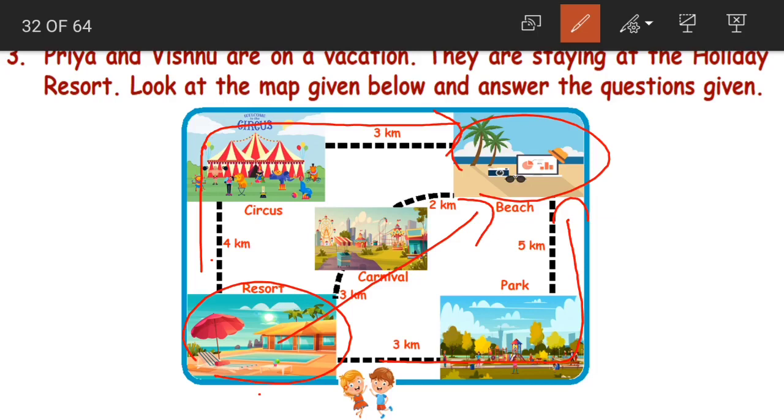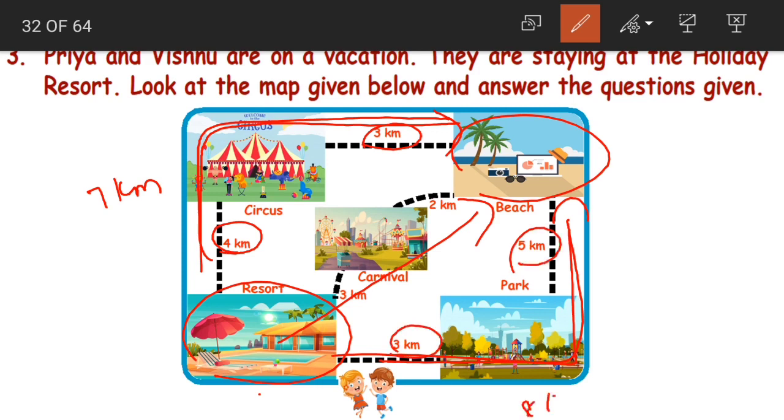What is the total distance of this? Here if we take this route, the distance would be 4 plus 3, 7 kilometers. If we take this route, the distance would be 3 plus 5, 8 kilometers. And if we take the middle route, the distance would be 3 plus 2, 5 kilometers.